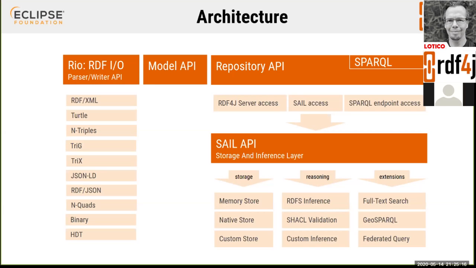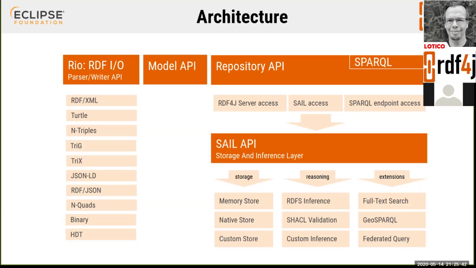On top of that, the API has been designed to be sort of stackable components. So on top of that, you can stack things like reasoners for RDF Schema inference, for SHACL validation, any sort of custom inference would fit in there as well. And there are other kinds of extensions that we offer as part of the Sail modules as well.